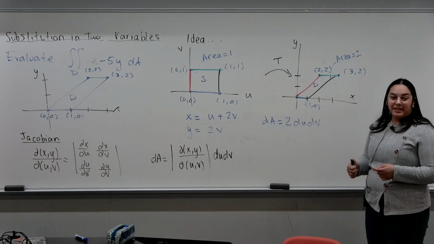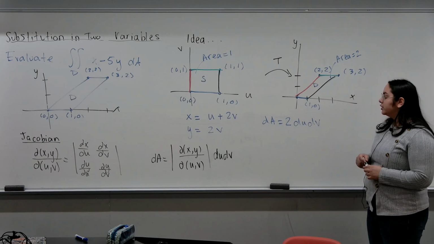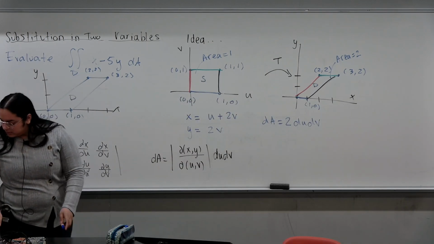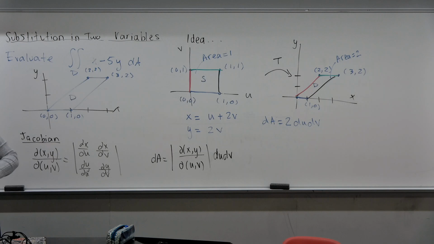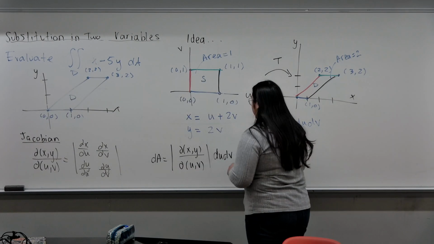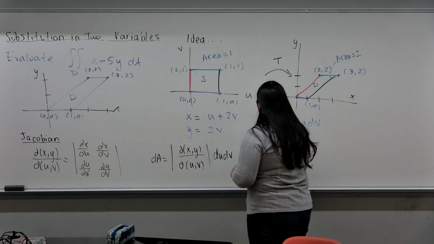So let's mathematically compute those four partial derivatives. For our example, we need the absolute value of the Jacobian.